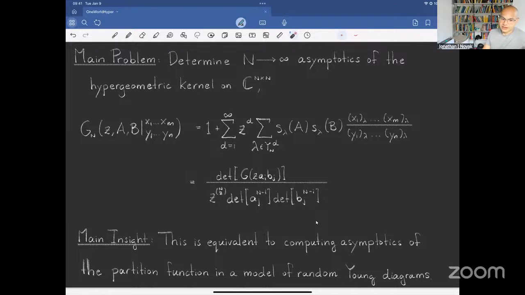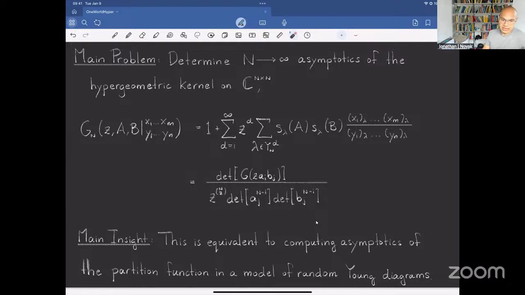And this is a problem that's been around for quite some time. Until relatively recently, it was just not at all clear what one would expect an answer to look like, even as a conjecture or any kind of guess what the form of these asymptotics might be.